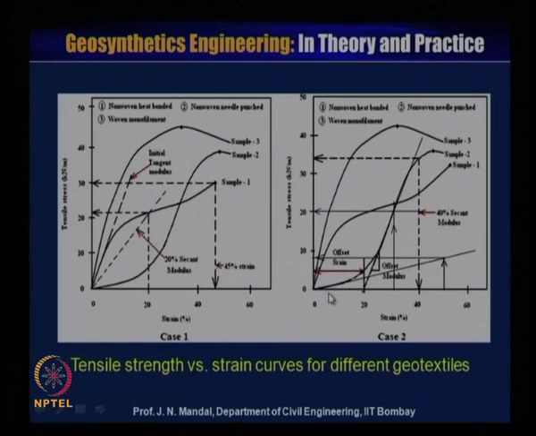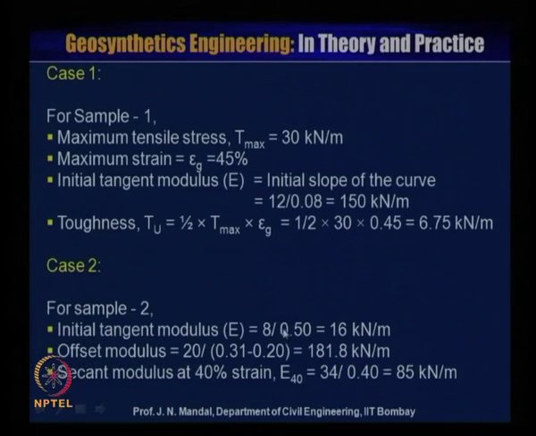You can see this is the initial tangent modulus and this is the tensile strength value 8, and the corresponding strain value is here. This is near about in between 40 to 60, so it comes about 50. So, 8 divided by 0.50, the initial tangent modulus will be equal to 16 kilonewton per meter.